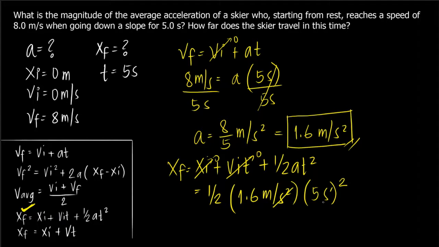Cancel out na ang seconds ta. Okay. And now, we are left with 25 by 2. Okay. That is 20 meters. Okay. So, ang ato nga XF or final nga displacement sa ato nga skier after 5 seconds is 20 meters. Okay? So, next example.